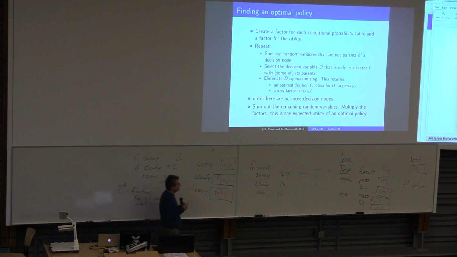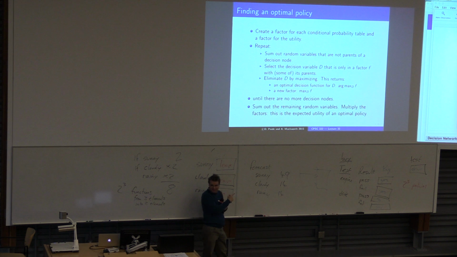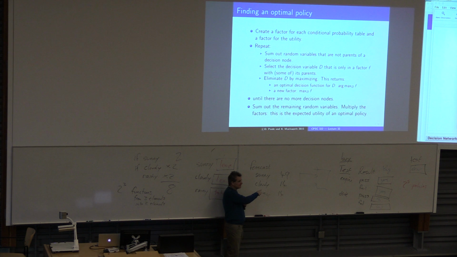So this is the only factor left. What happens when I sum this out? What number do I get? What happens when I sum out this variable? There's only one factor. What do I get? Who knows how to add?